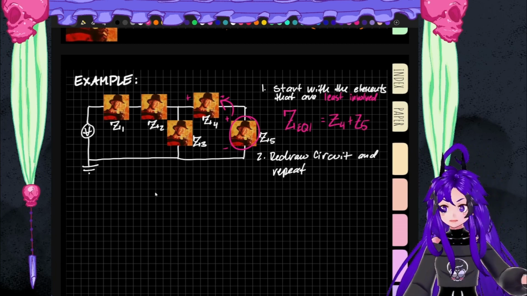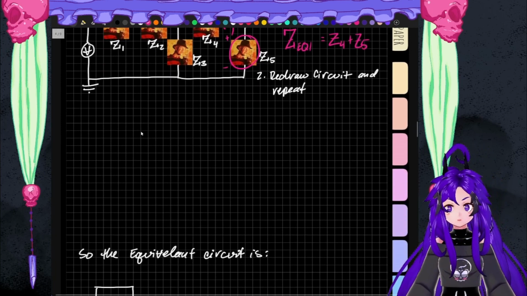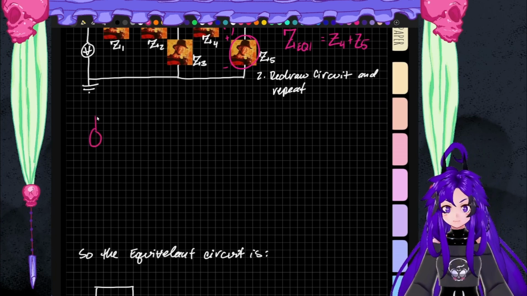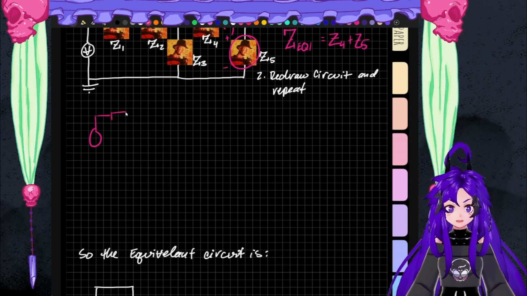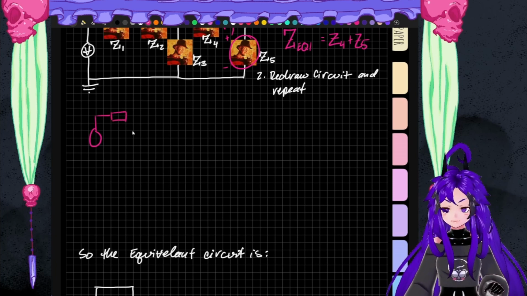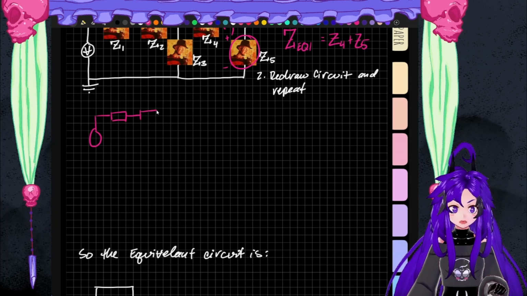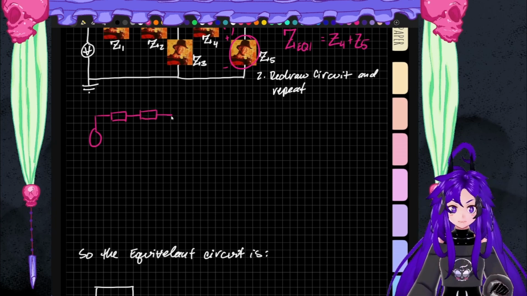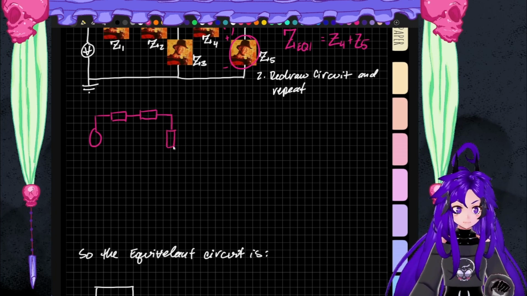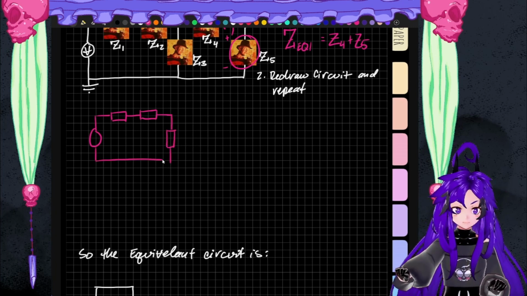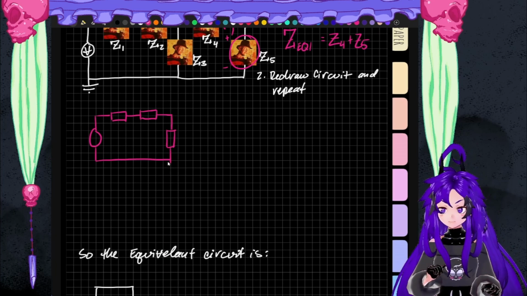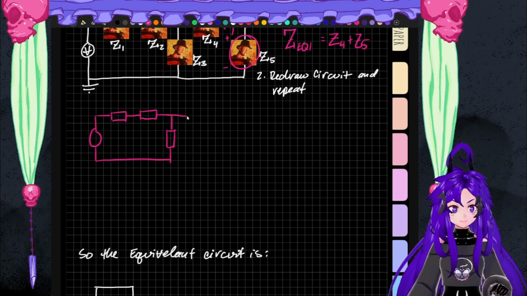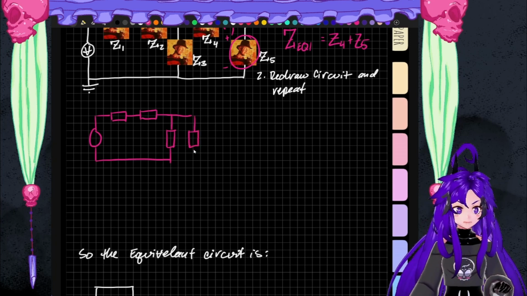Alright, so now we can redraw the circuit and repeat. And we'll do that as many times as we need in order to get to a simpler circuit. I'm not going to keep copying the pictures, I apologize. So we have simplified one set of our serial killers. And that is here, right?